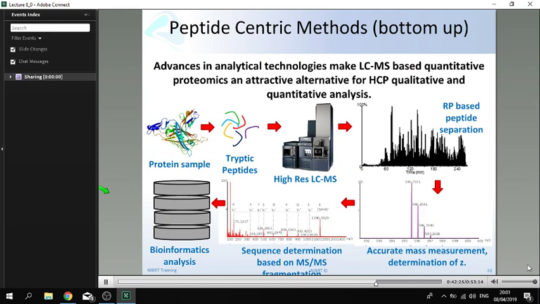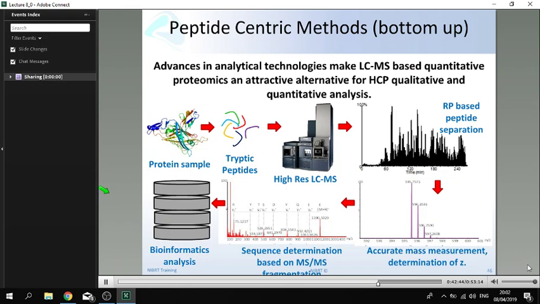So usually our proteins are characterized by chopping them up into smaller pieces and then looking at them using LCMS. Quite often you can see this peptide mapping being done in order to characterize your drug.